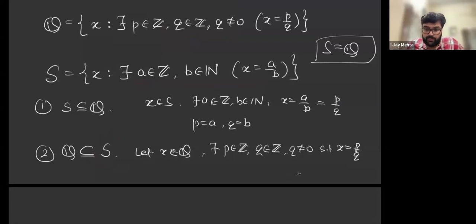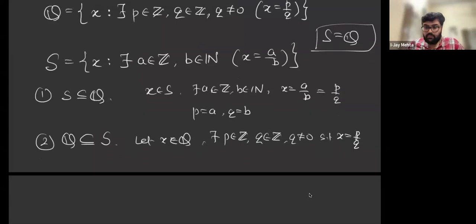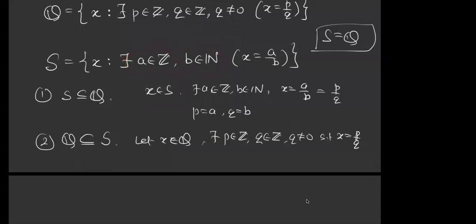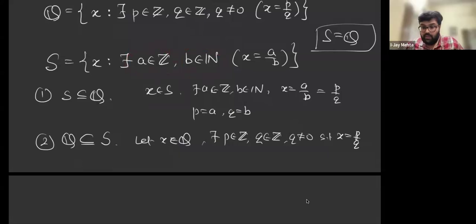I need two things: one integer and one natural number such that X equals A upon B, where A is an integer, B is a natural number. Can you give me A? What should be my choice? I want an integer.